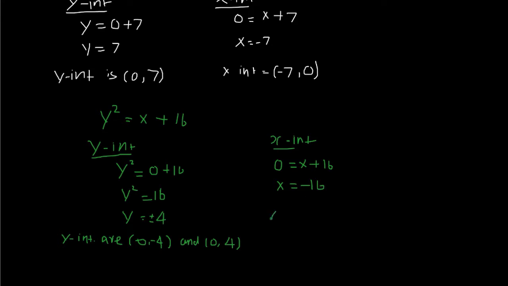Therefore, the x-intercept is: first write down the x value -16 and y value 0. So that is the x-intercept. For this graph, we have three intercepts, two y-intercepts and one x-intercept.